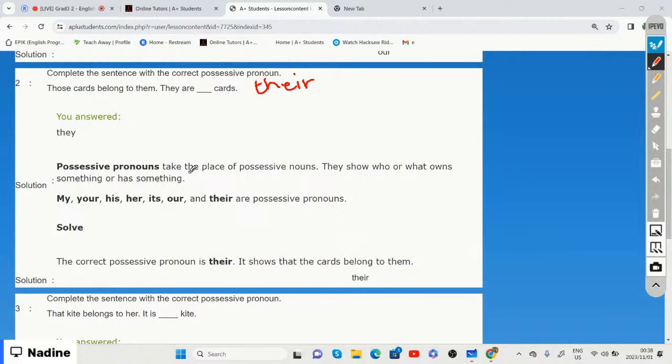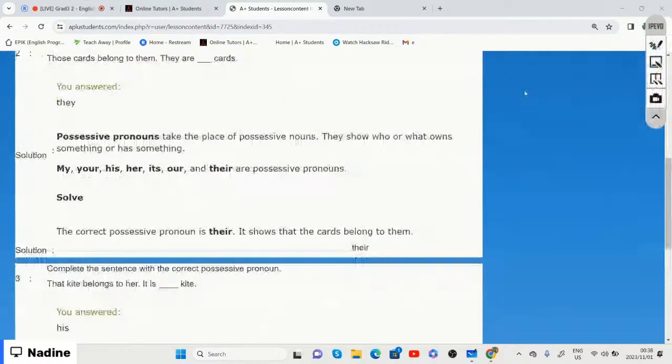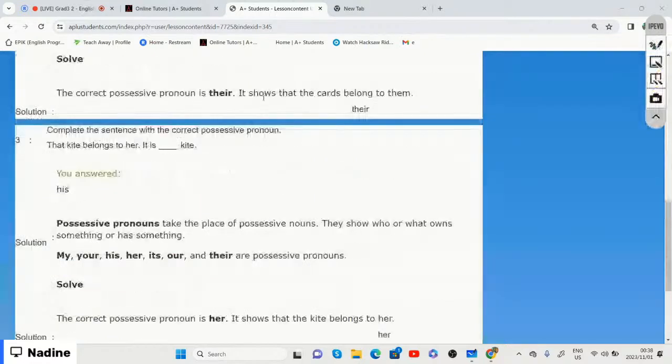So there is our possessive pronoun. And now that kite belongs to her. So if that kite belongs to her, then whose kite is it? It belongs to her.